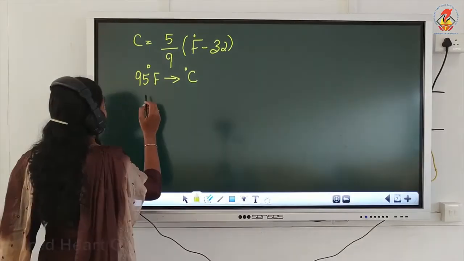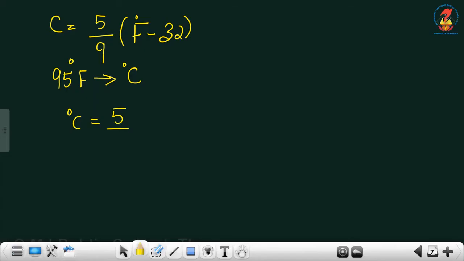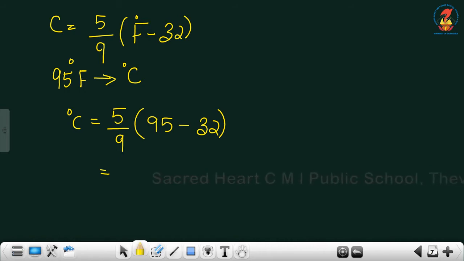So, degree Celsius equal to 5 by 9 into 95 minus 32. Now, what's the answer for 95 minus 32? You will get 63.